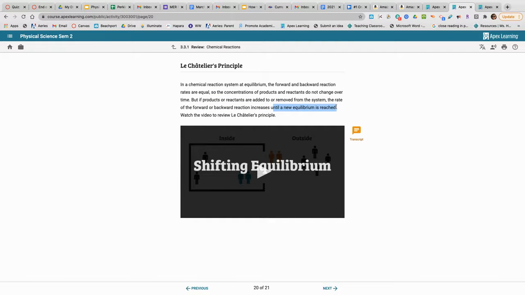So essentially, if you add a bunch of stuff to something that's already at equilibrium, you're what we call stressing the equilibrium. And so the reaction will either shift towards the reactants or shift towards the products to use up the extra stuff you added.